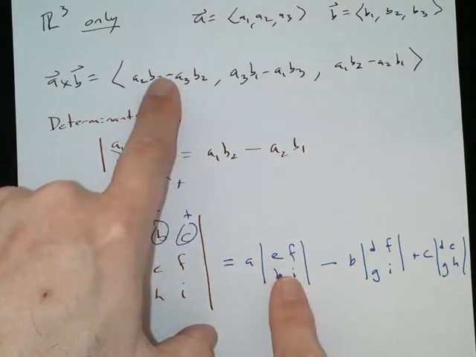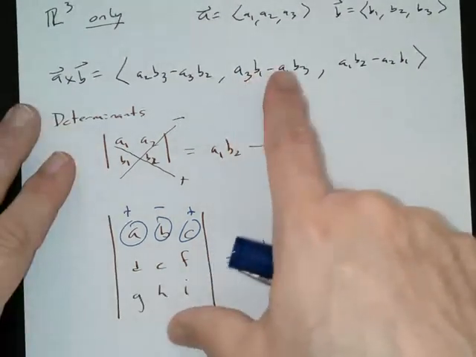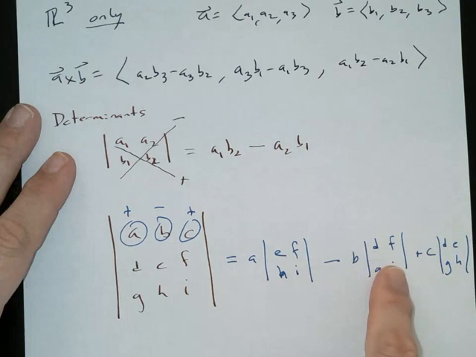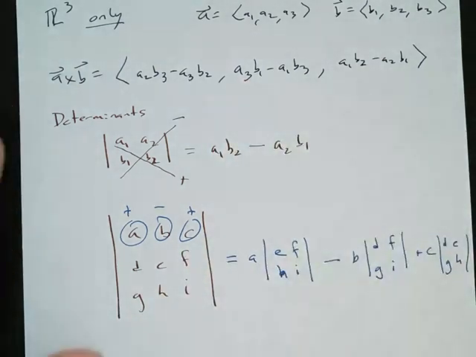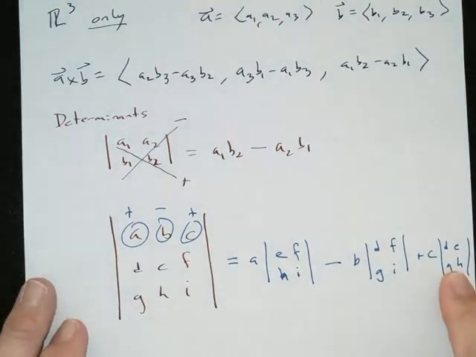This is here if A is in the second row and B is in the third row. This one, A1B3, A3B1, they're in the wrong order. That's where the minus sign comes into play. It'll switch the order. Same thing here.